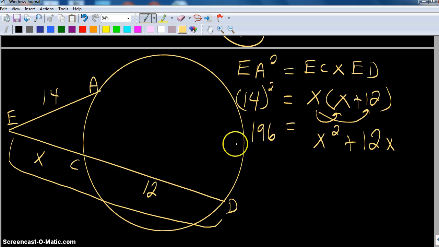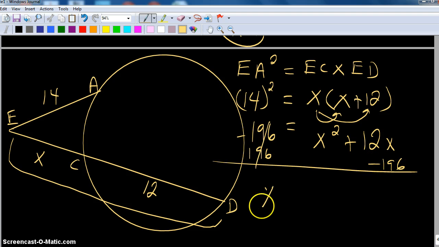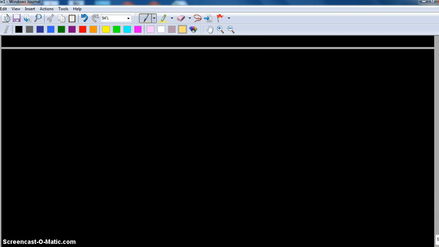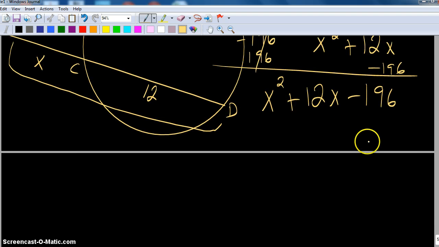Now, this is really getting confusing for you all. I'm going to move the 196 over here. It's going to look like this: X squared plus 12X minus 196. Now, we need to solve this, which is going to take quite a bit of time.